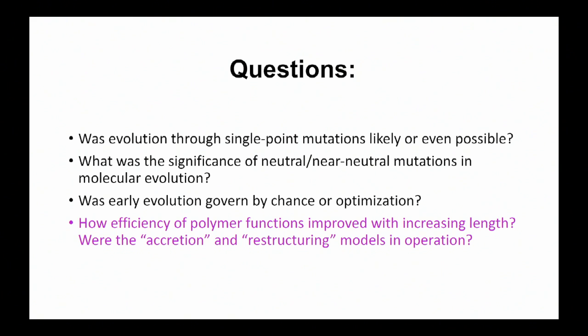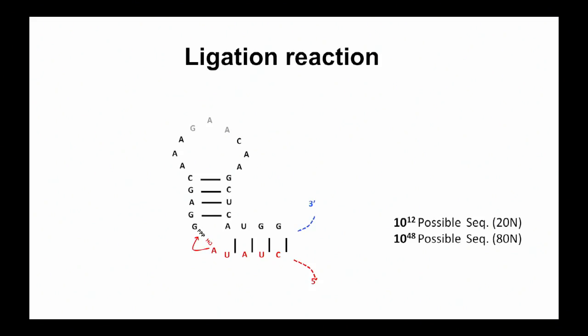So the experiment. It's a very classical experiment in molecular evolution. We take a piece of RNA and a substrate, and the reaction is one in which the substrate, a low RNA fragment, is ligated or joined to this piece of RNA.